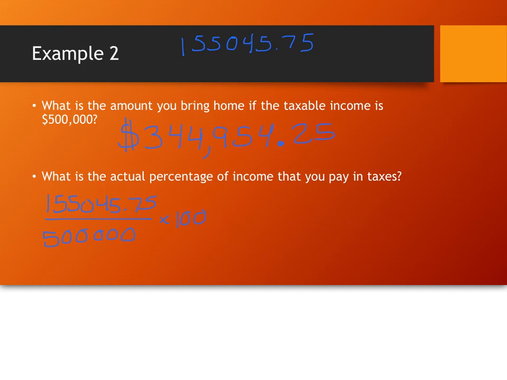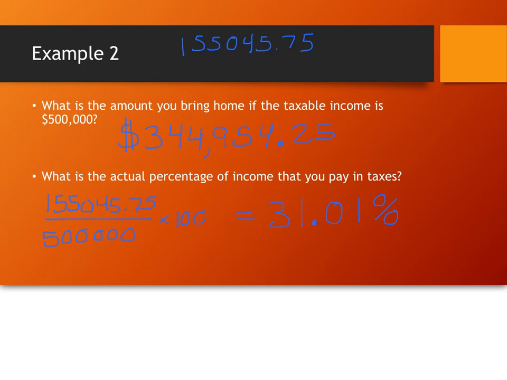If you want to get a percent, then you have to multiply it by 100. And so I got roughly 31.01%. Again, if you round this to 2 decimal places.